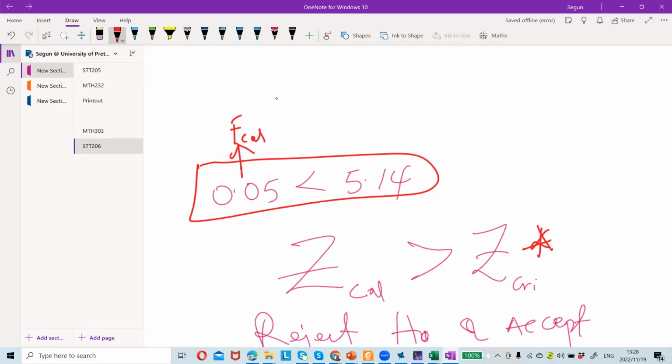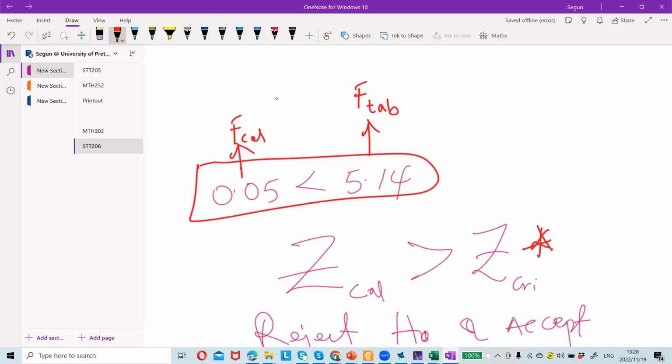Yes, sir. So which one is 0.05? That is F calculated. No, for the one in the one way. It's F calculated, sir. Then this is 5.1 tabulated. That is F tabulated.